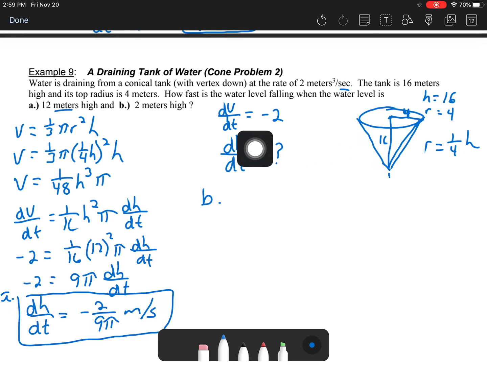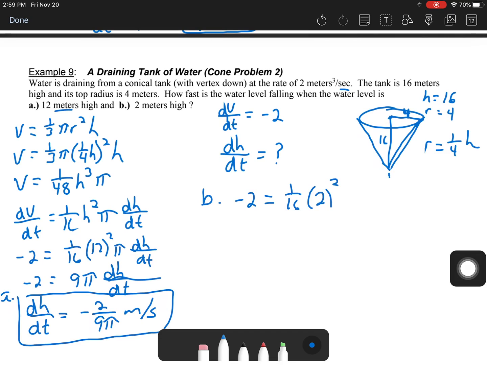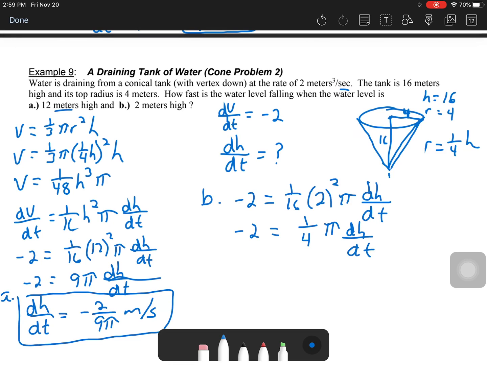So we're still going to put in the same dV/dt of -2, so I'll have -2 equals 1/16, and then instead of 12 right here, we're going to put a 2, so that's 2 squared π dh/dt. 2 squared is 4, divided by 16 we'll have 1/4, so 1/4 π dh/dt.